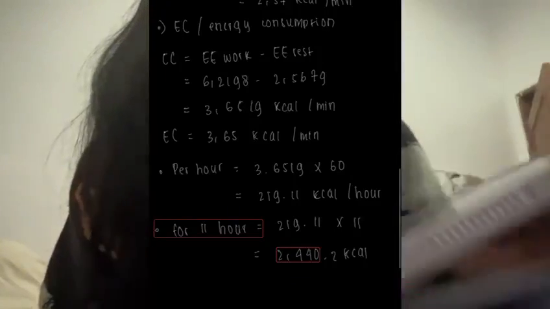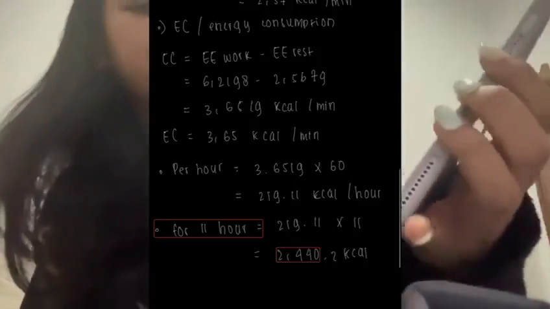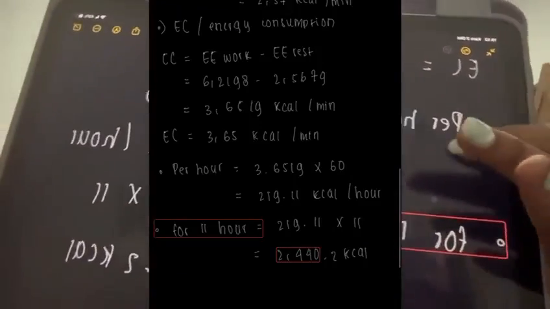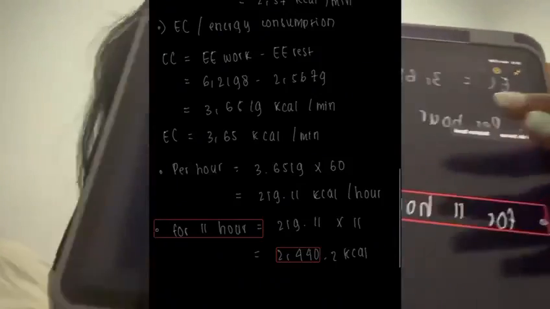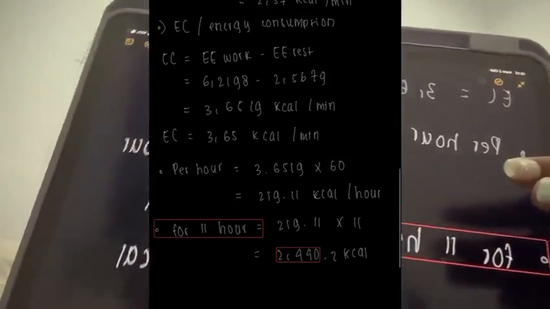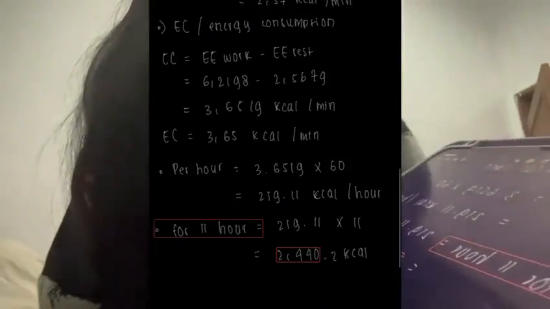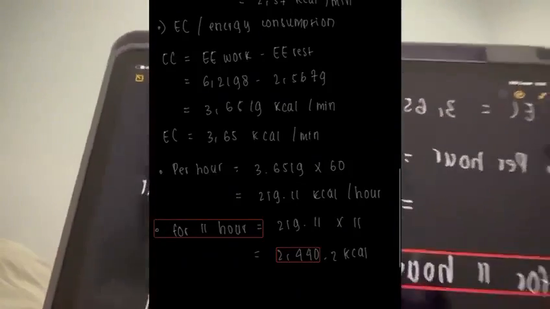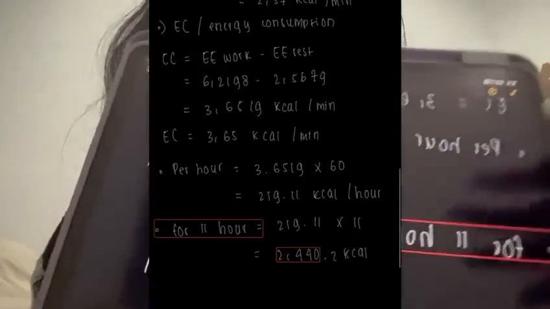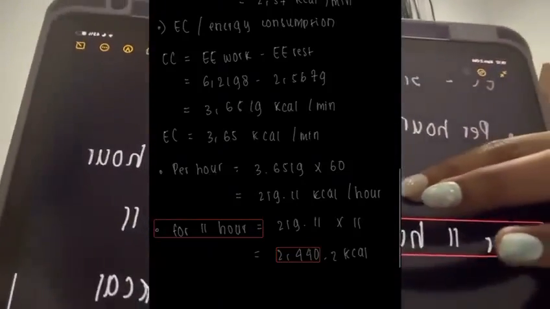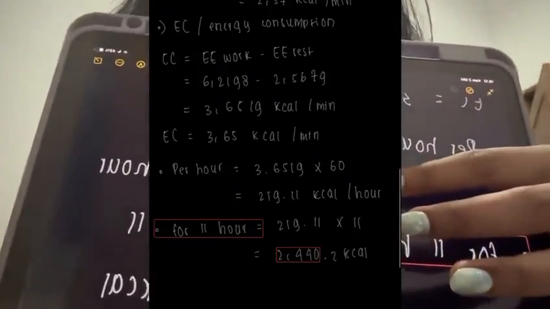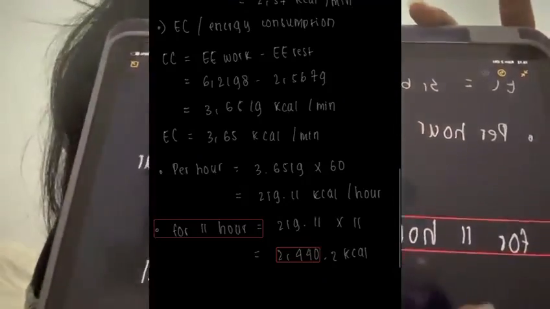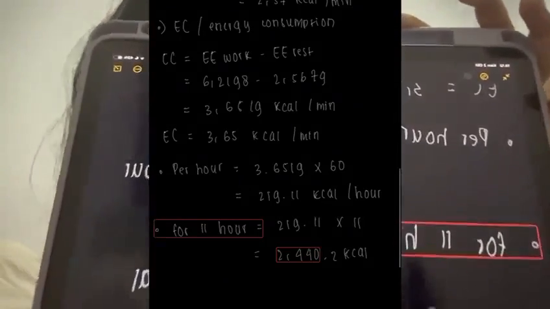Then we continue to solve for per hour: 3.659 times 60, so we have 219.11.